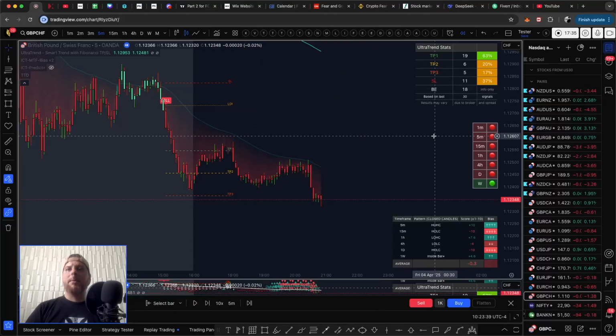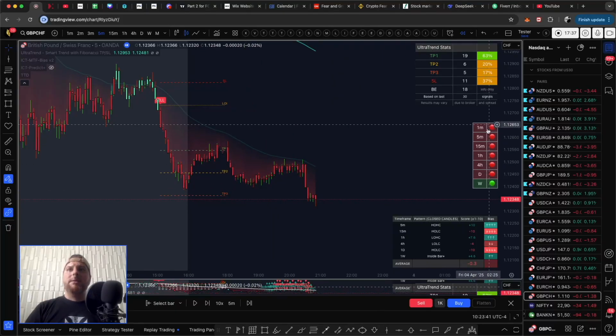Without needing to go into different time frames, it tells you where the price is going in the 1 minute time frame: is it above or below the 50 EMA? That's all it does. If it's below the 50 EMA, it's red, and if it's above, it's green. It's like a traffic light.